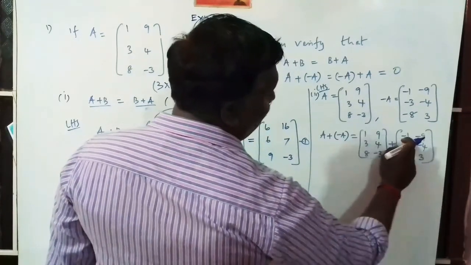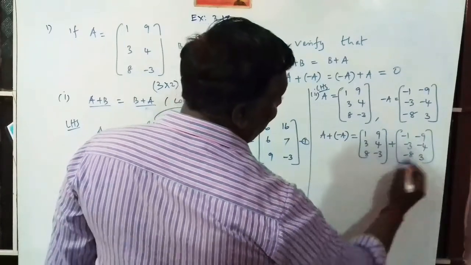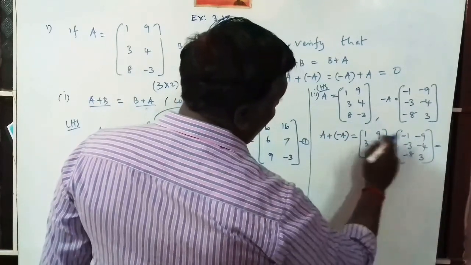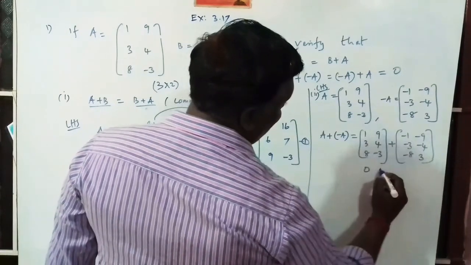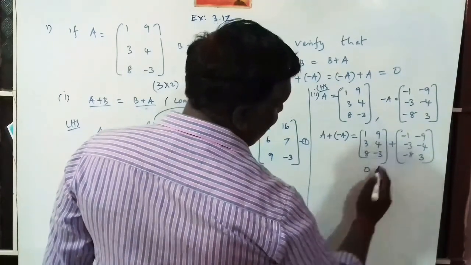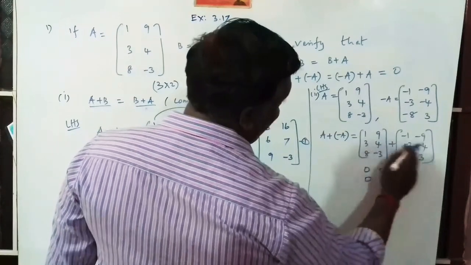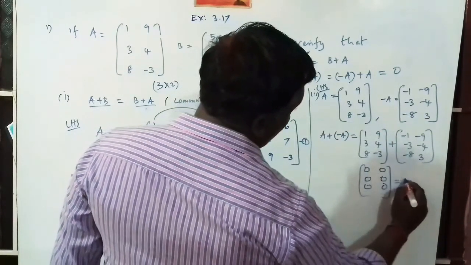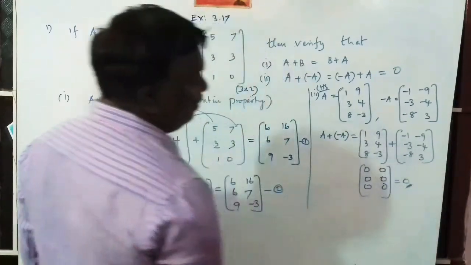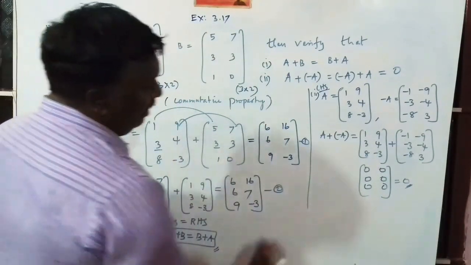Now plus 1 minus 1 is 0, plus 9 minus 9 is 0, 3 minus 3 is 0, 4 minus 4 is 0. All the elements are 0, so this is the zero matrix. LHS over.